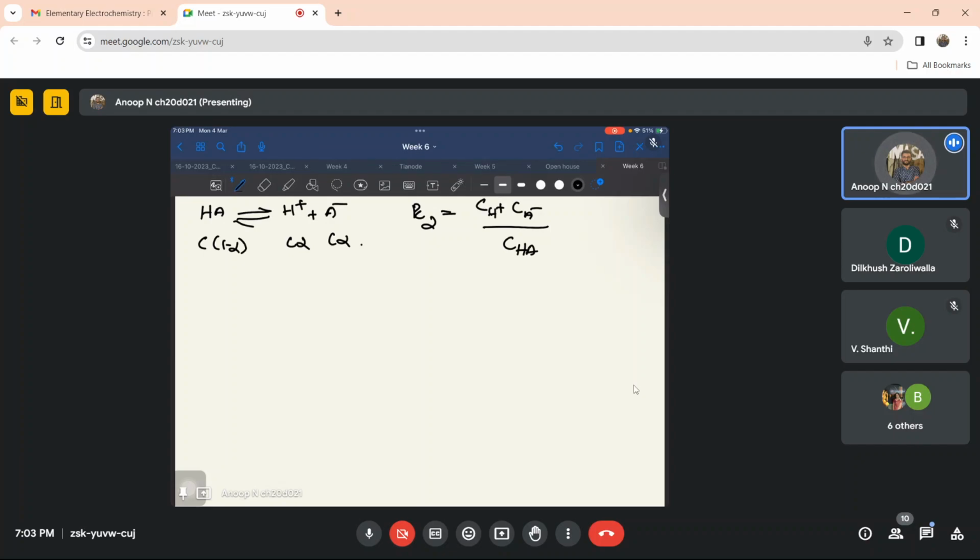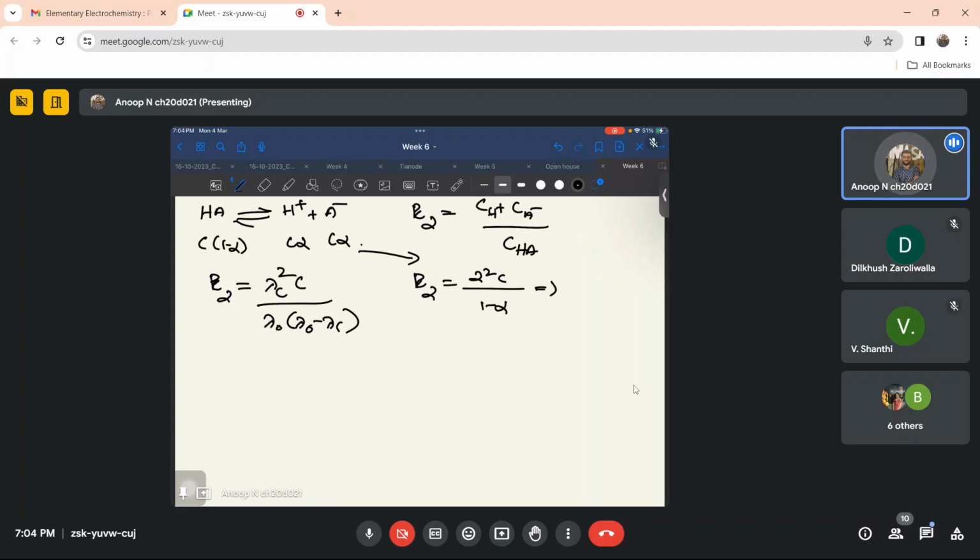Substituting, K alpha is lambda C squared into C divided by lambda 0 into lambda 0 minus lambda C, which is alpha squared C divided by 1 minus alpha.